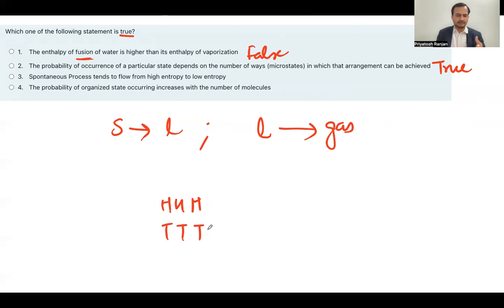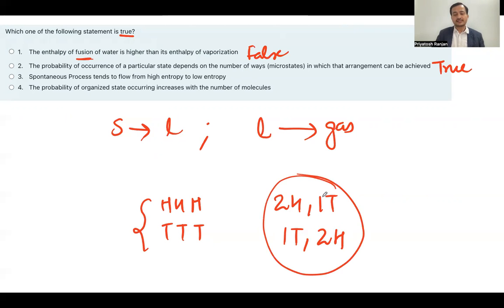If you try to calculate the percentages, you will find there is a higher probability of getting two heads and one tail, or one tail and two heads, rather than getting these organized structures. So you will see these kinds of combinations more compared to these organized ones, which are head, head, head, or tail, tail, tail.